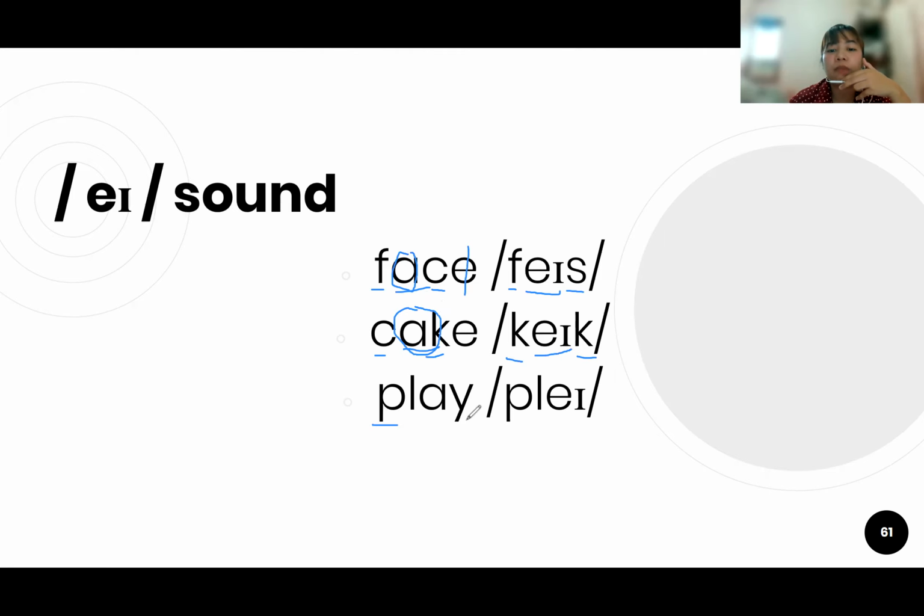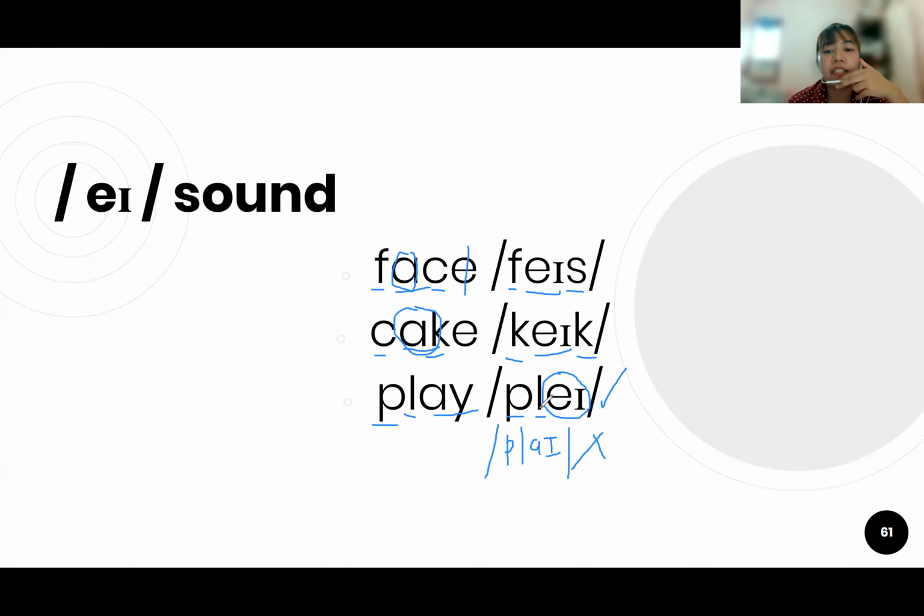Next, same with your word play, P, L, and your AY here is not sounded out as I, it's play. So for the A sound, we use this one. So this is correct. This is wrong.